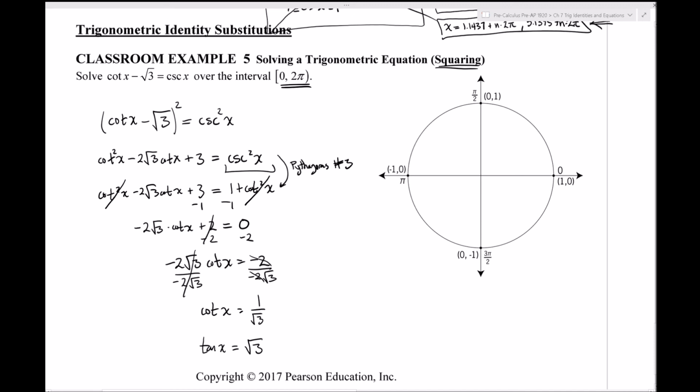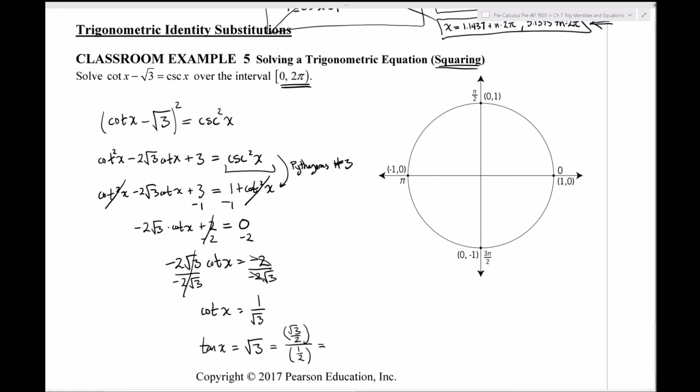I'm going to change it to something I understand better. I understand tangent better than I understand cotangent. So tangent we'll say is square root of 3. Square root of 3 came from reducing square root of 3 over 2 divided by 1/2. And the 2's cancel each other out, and you're left with just square root of 3 over 1, which is square root of 3.